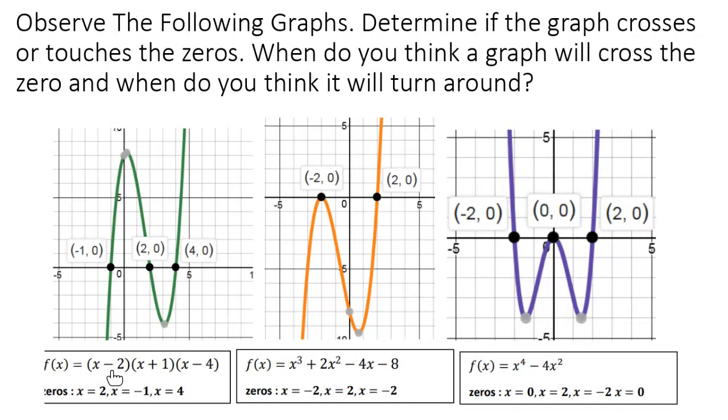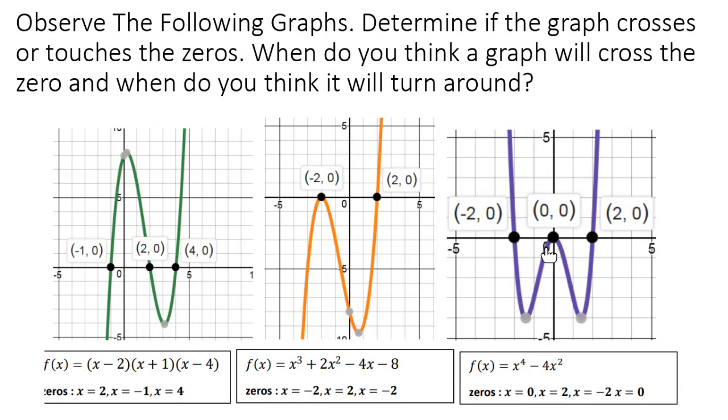And so we can look at these zeros carefully, right? So here I have a -1, a 2, and a 4. So these are all my zeros. And then this one I have a -2, which is right here. I have a +2, which is here, and a -2, which is also here. So when they duplicate, notice here I have a -2 and a +2, but notice that 0 is listed here twice.